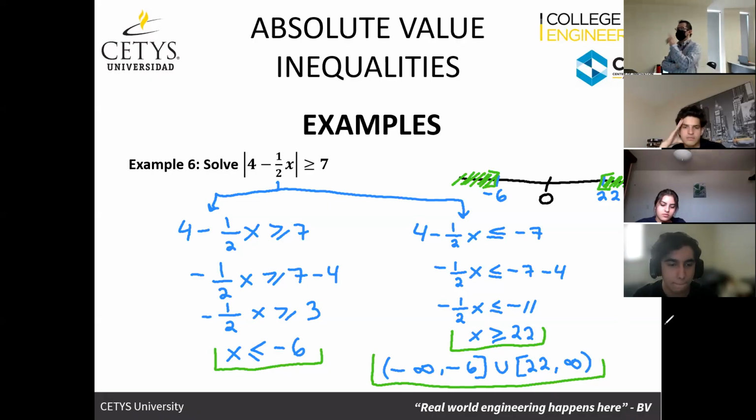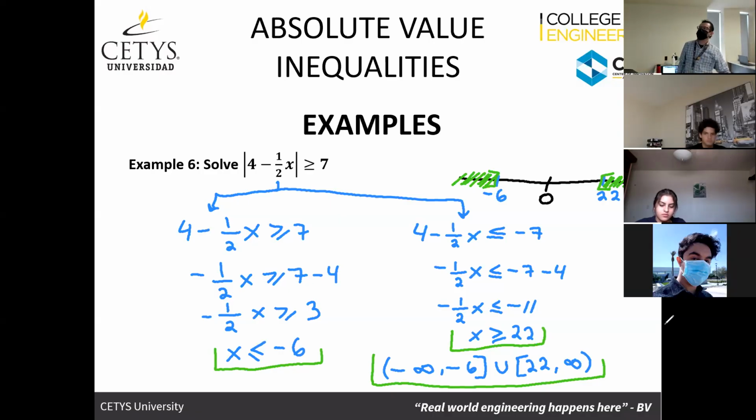Yes, because we're multiplying by -2. Remember that we flip always when we multiply by a negative number. Okay, so if it wasn't a negative number, you wouldn't have to. Always when we multiply or divide by a negative number, we have to flip the sign. Okay, thank you.